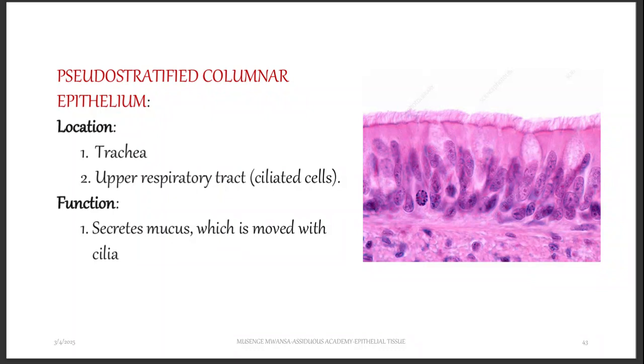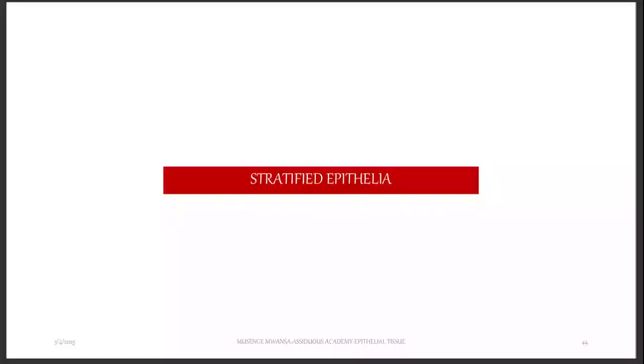Pseudostratified columnar epithelium always has cilia. You can see on top it has cilia. In the upper respiratory tract, you have ciliated pseudostratified columnar there, and also in the trachea. The trachea is part of the respiratory tract.